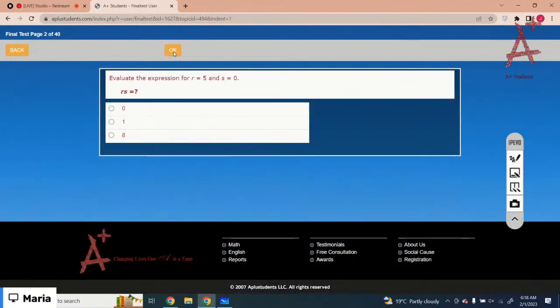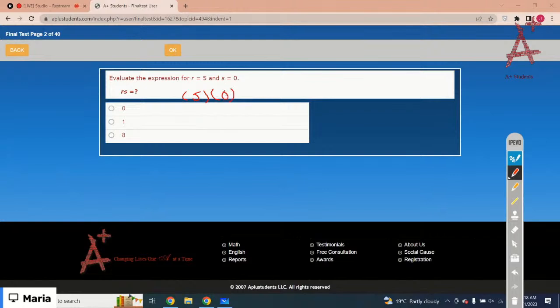Okay, the next one is evaluate the expression for r equals 5 and s equals 0. So you have to evaluate the expression, just replace the variable with the values and then solve. r equals 5 and s equals 0. They are multiplying, got it? So you have to do 5 times 0. 0 multiplied by any number equals 0.